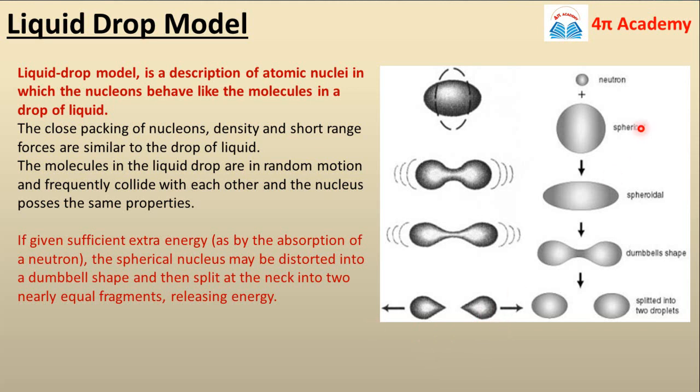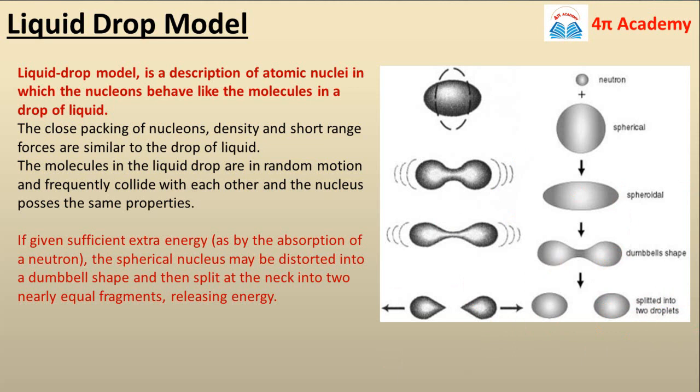In a similar way, if we give some energy to our nucleus, for example if it absorbs a neutron, initially it was spherical, then it gets distorted, and finally acquires a dumbbell shape. Finally it splits into two nearly equal fragments and also releases some energy. So these properties are also similar.